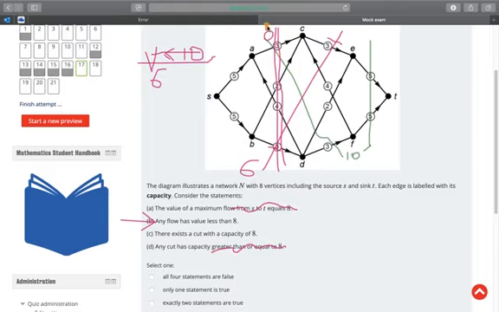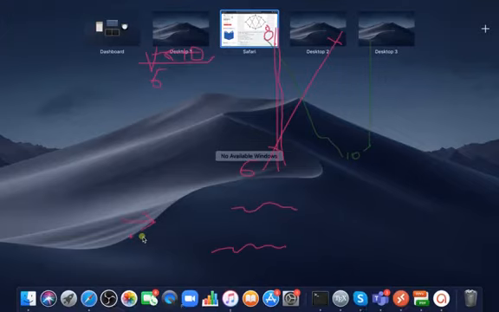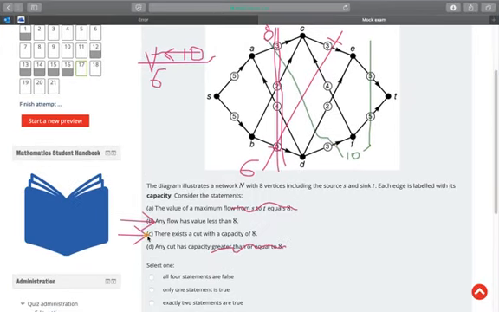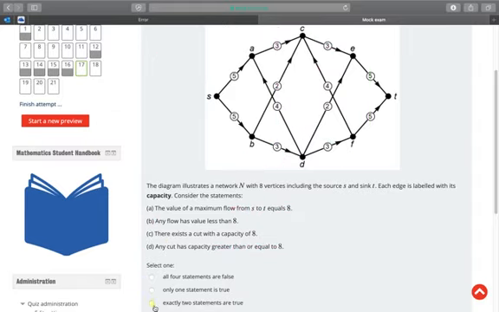Okay, there's one arc with capacity 4 going backwards, but that doesn't count. So there is a cut of capacity 8. So this is a true statement, and therefore there are exactly 2 true statements. So the correct answer in this case is 2 statements are true.